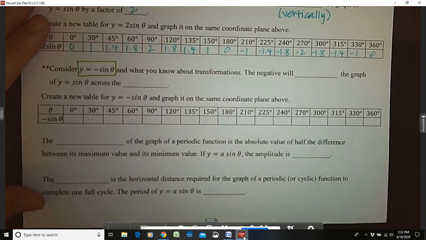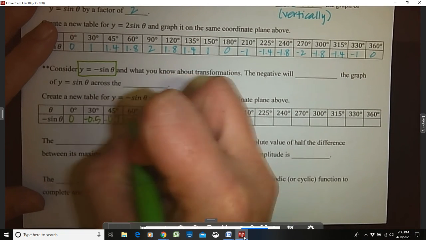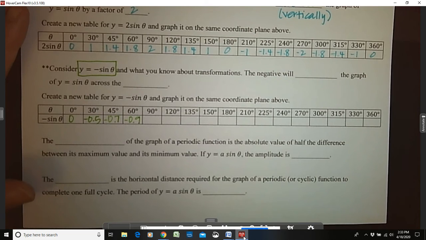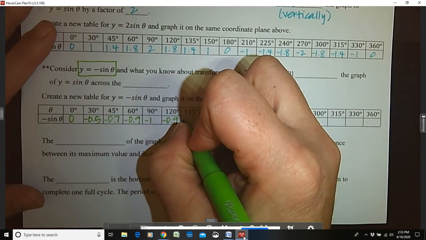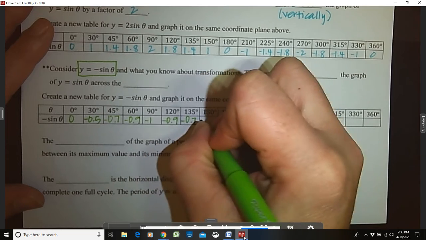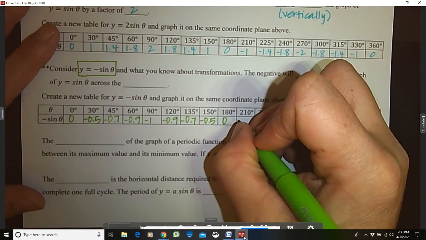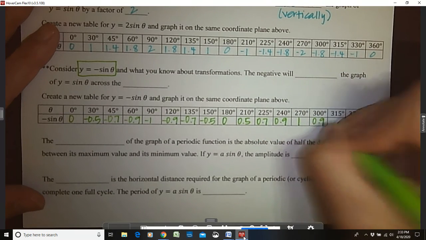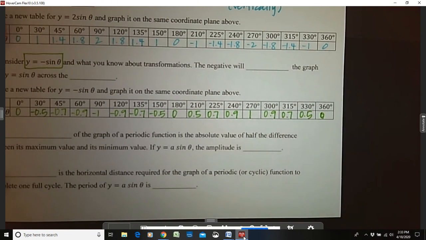So if I do that, my table will look like this: 0, -0.5, -0.7, all right. So we have filled those in. Now we will go plot them.